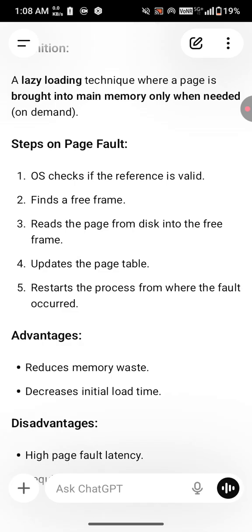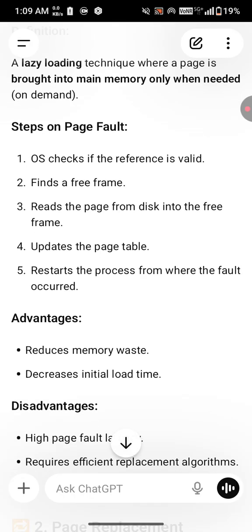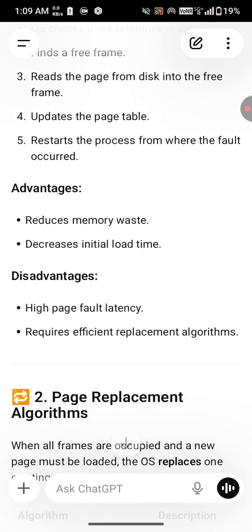So through demand paging, memory waste is reduced. And if memory waste is reduced, that decreases the initial load time, because if only a small amount of memory is initialized from the start, then loading it needs only a small time duration. These are the two important advantages of demand paging.